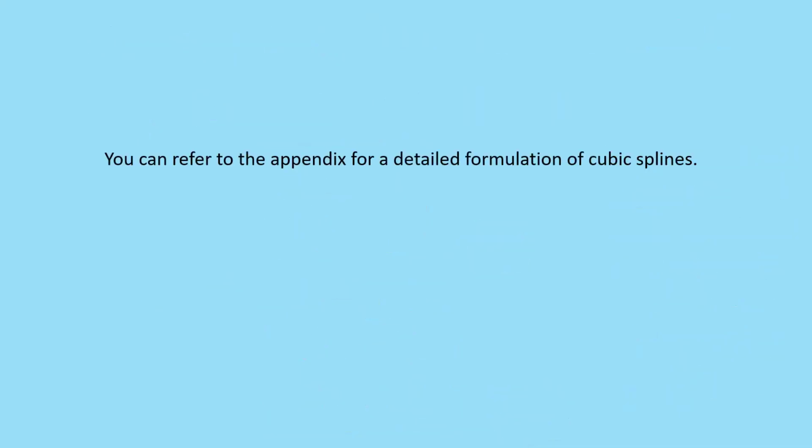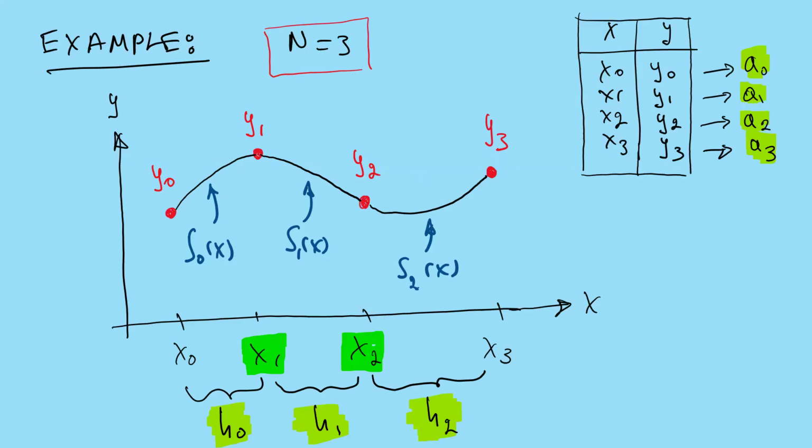Once the type of the cubic spline is determined, we can find the remaining coefficients, meaning B, C, and D. You can refer to the appendix to see how these coefficients are calculated. Let's look at one example. In this example, four data points are given.